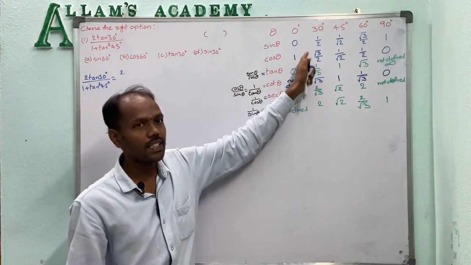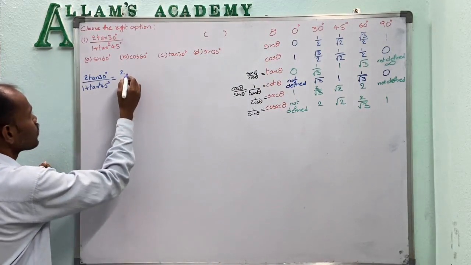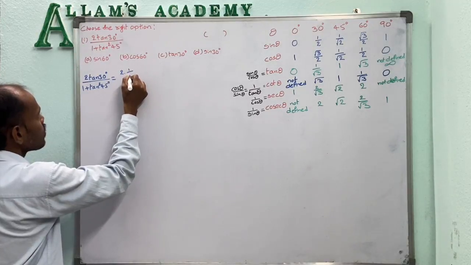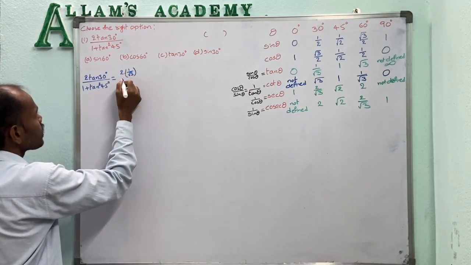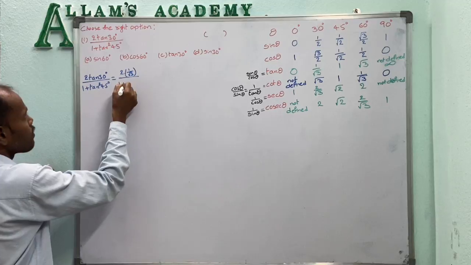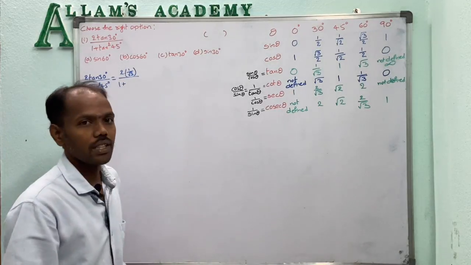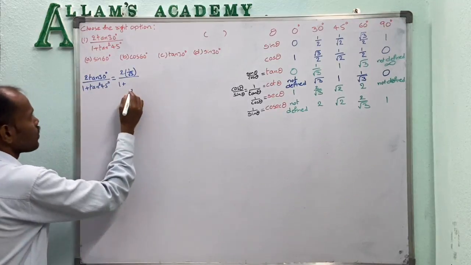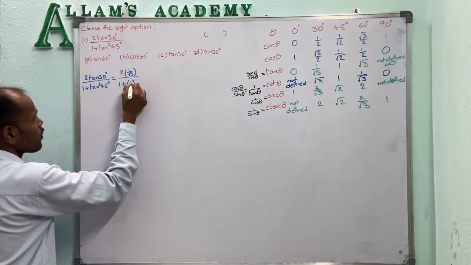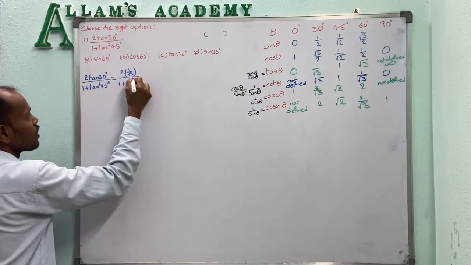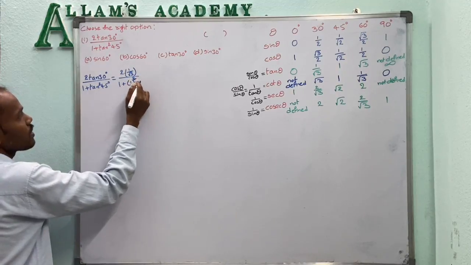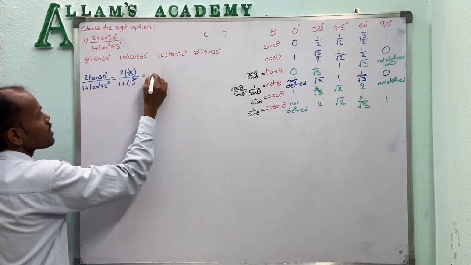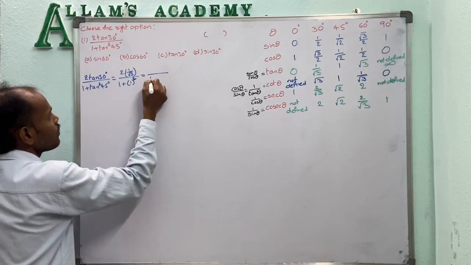Tan 30 equals 1 by root 3. So 2 into 1 by root 3 by 1 plus tan square 45 degrees. Tan 45 degrees equals 1. So 2 into 1 by root 3 by 1 plus 1 square. 1 square is nothing but 1.